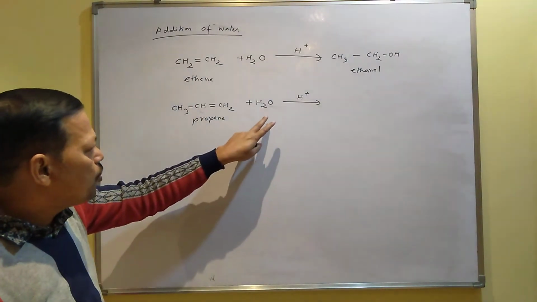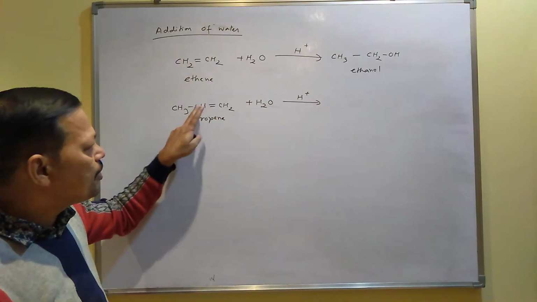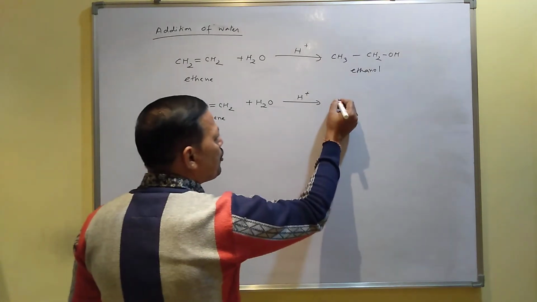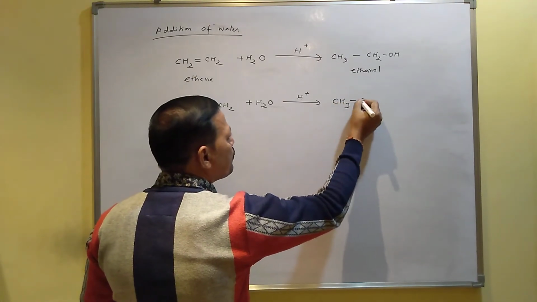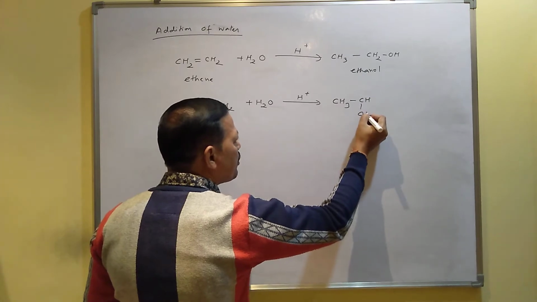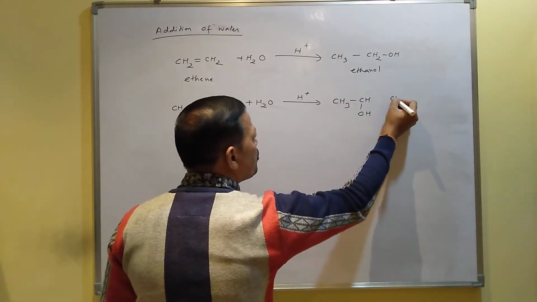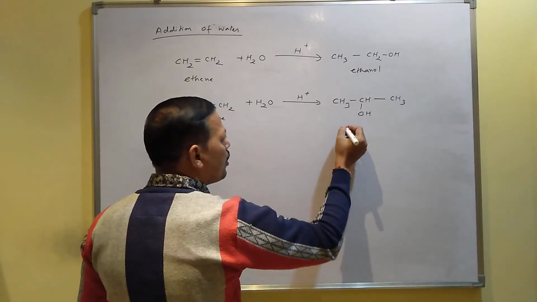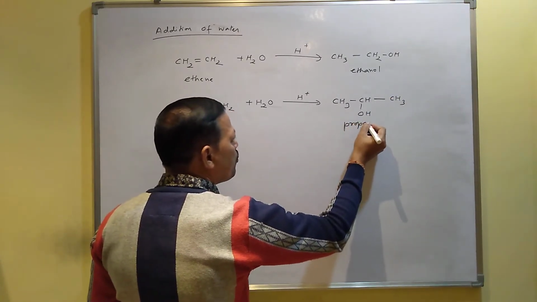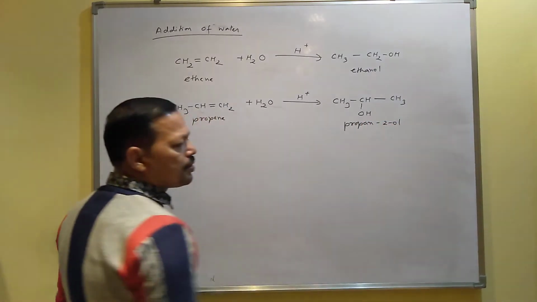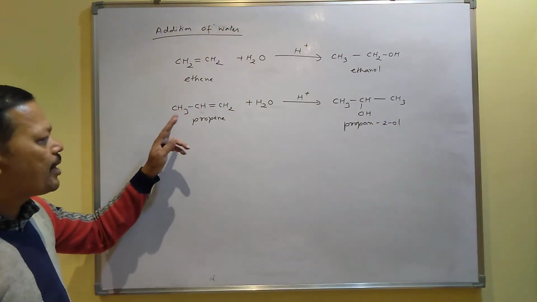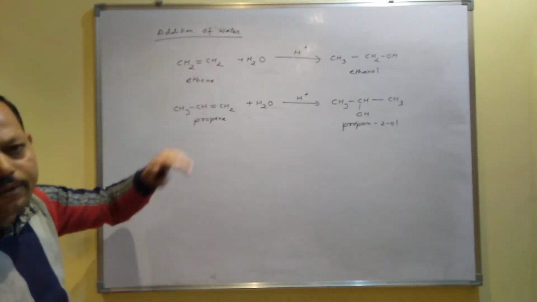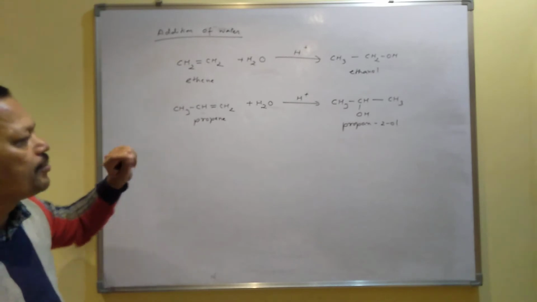That is why the OH minus ion will be joined with this carbon and the H plus ion will be joined with this carbon according to Markovnikov rule. So this one will be joined with OH and this one with hydrogen to produce CH3, and the double bond is converted to single bond, and the product you will get is propan-2-ol. Since this is an unsymmetrical alkene, Markovnikov rule is applicable here. This is a symmetrical alkene, so Markovnikov rule is not applied there.